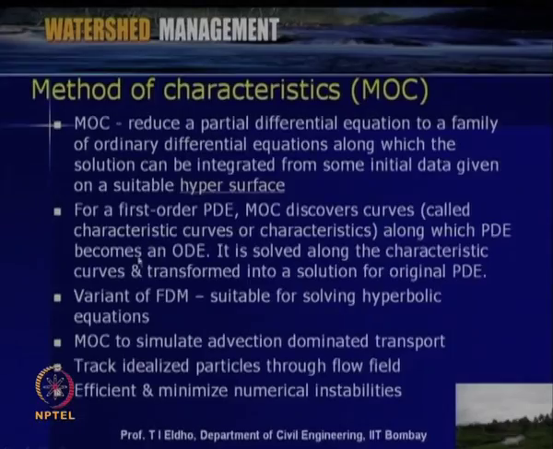For a first order partial differential equation, the method of characteristics discovers curves, so called characteristic curves, along which partial differential equations become ordinary differential equations. So, we do certain transformations, and then it is solved along the characteristic curves and transformed into a solution for the original partial differential equations. The first step is to transform the partial differential equation to an ordinary differential equation by defining the characteristics, and then we solve the transformed governing equations along the characteristics.